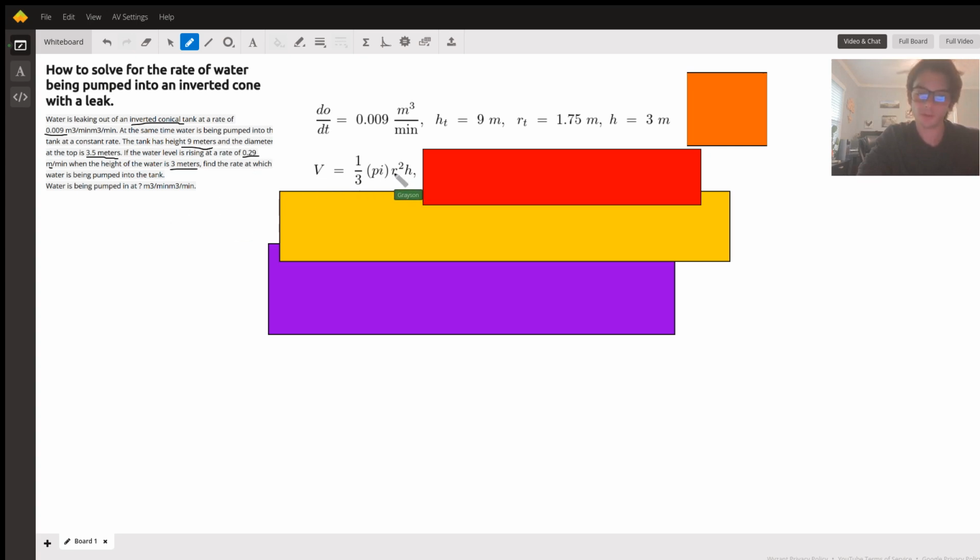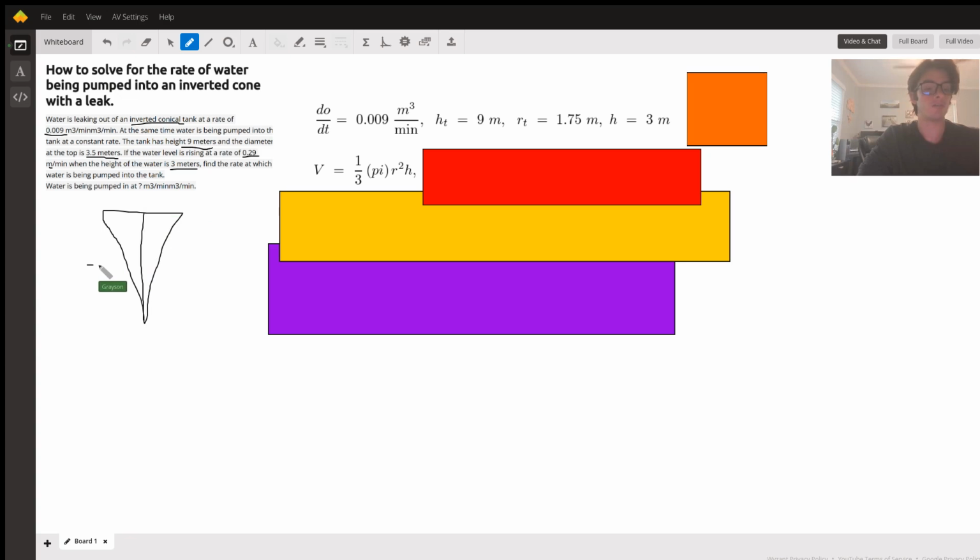What we'll want to do is get rid of this r variable and replace it in terms of h. And how we'll do that is we'll use the rule of similar triangles. So this is the inverted tank.